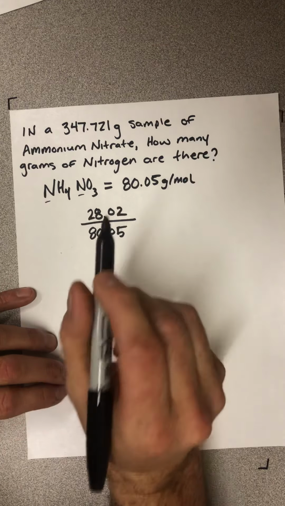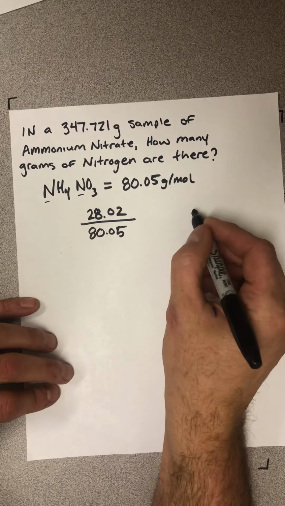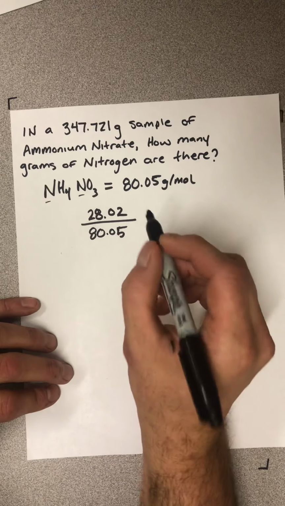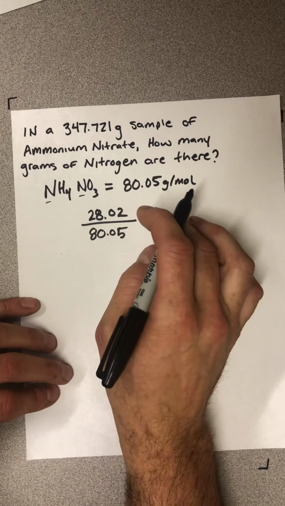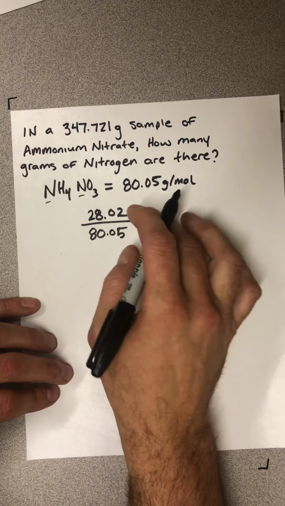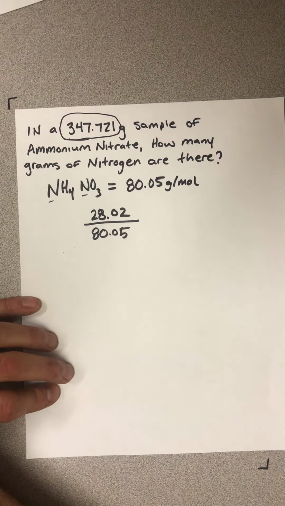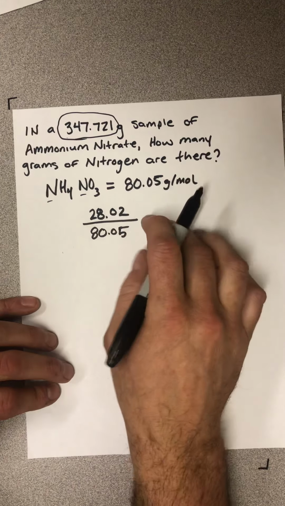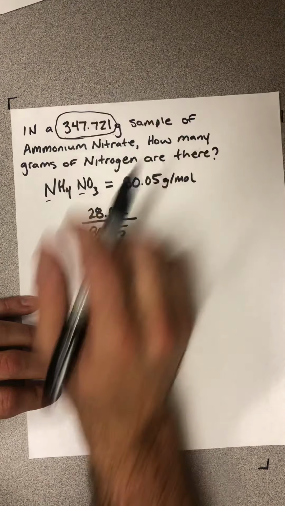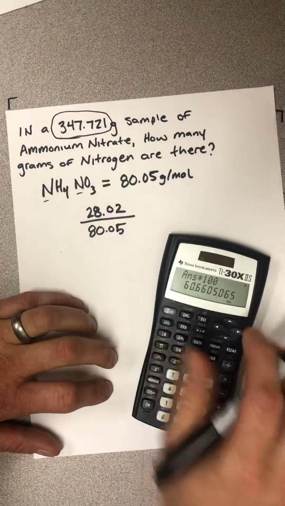Now, instead of multiplying the result by 100 like we did in the last couple of problems, we're going to get this decimal, which is a decimal representation of the percent, and we're going to multiply that decimal by the original sample size number. That's where people go wrong. They multiply this decimal by 100 and then try to multiply that percentage by the sample size, and that's not going to work.